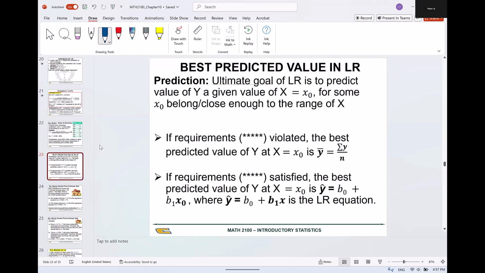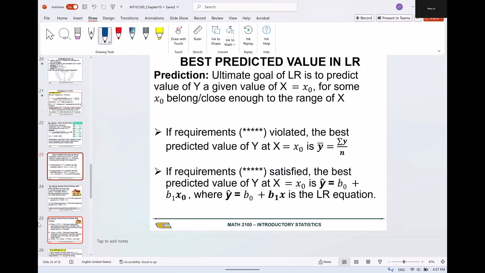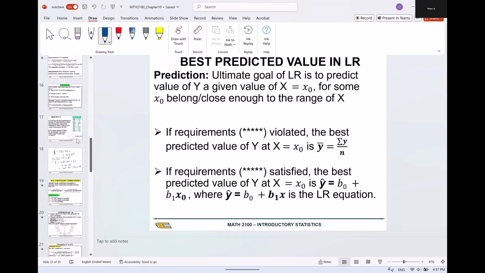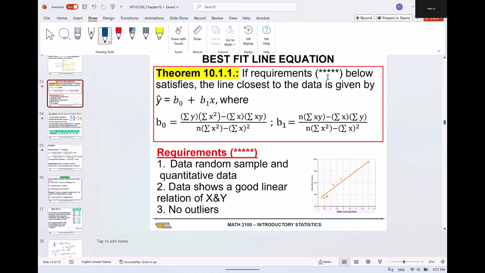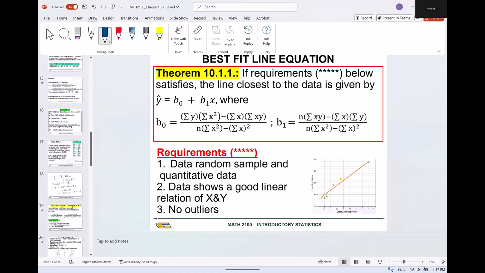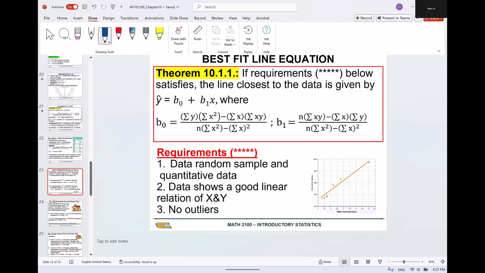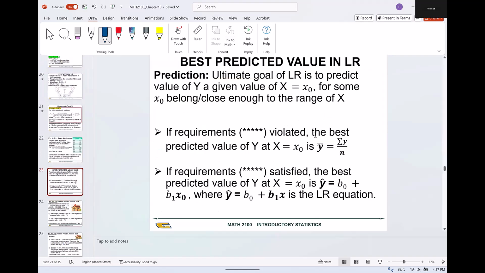So when we look at the linear regression equation in theorem 10.11, there are some conditions, which is the 4 star here. There are some requirements. If the requirement is violated, then for sure you cannot use the theorem to find the best predicted value of y for given x equal x naught.